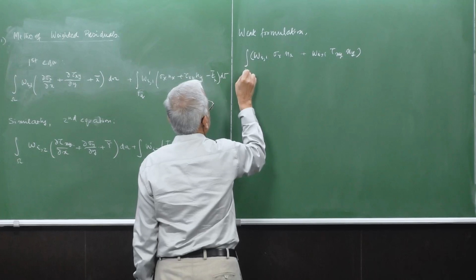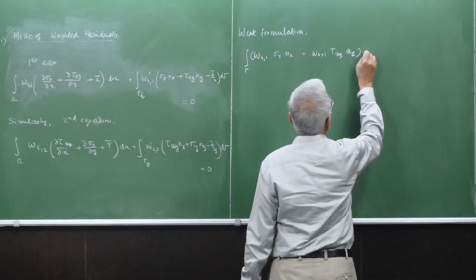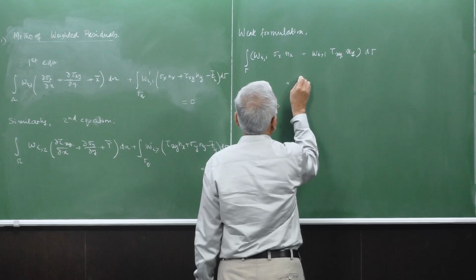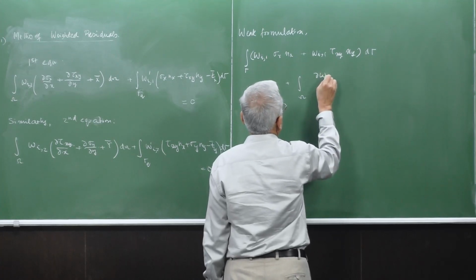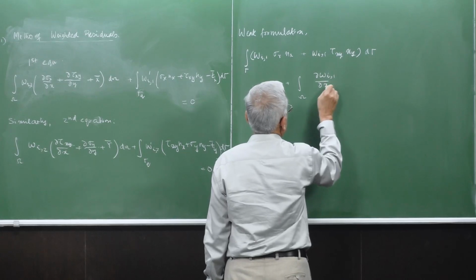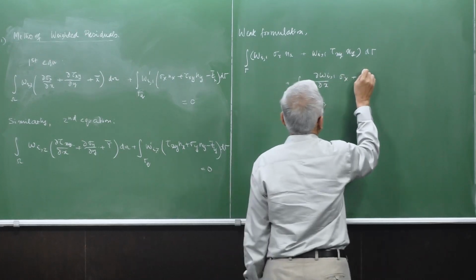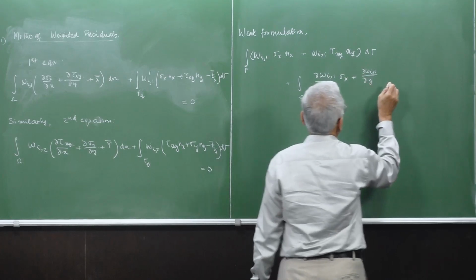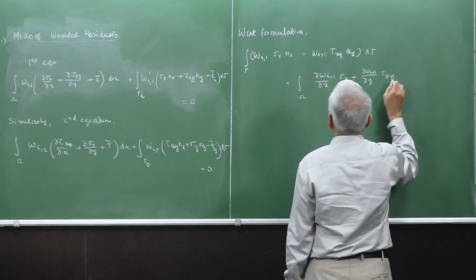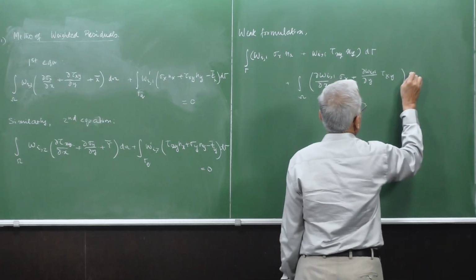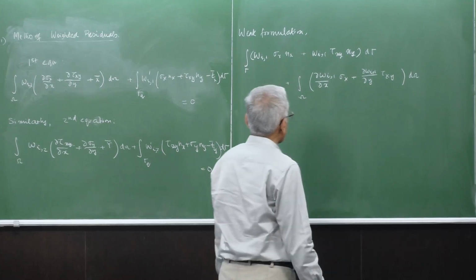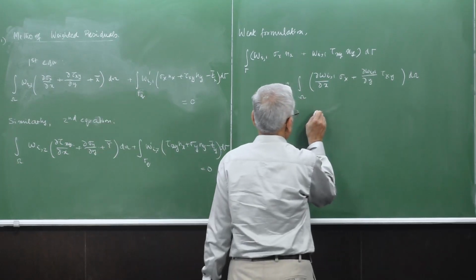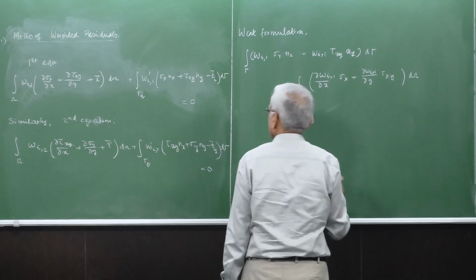So, this is the integral on gamma, the full gamma, plus the derivative on wi1, the x derivative of sigma x and the y derivative of tau xy, integrated over omega, and one more term here because of x bar. It looks like many terms.